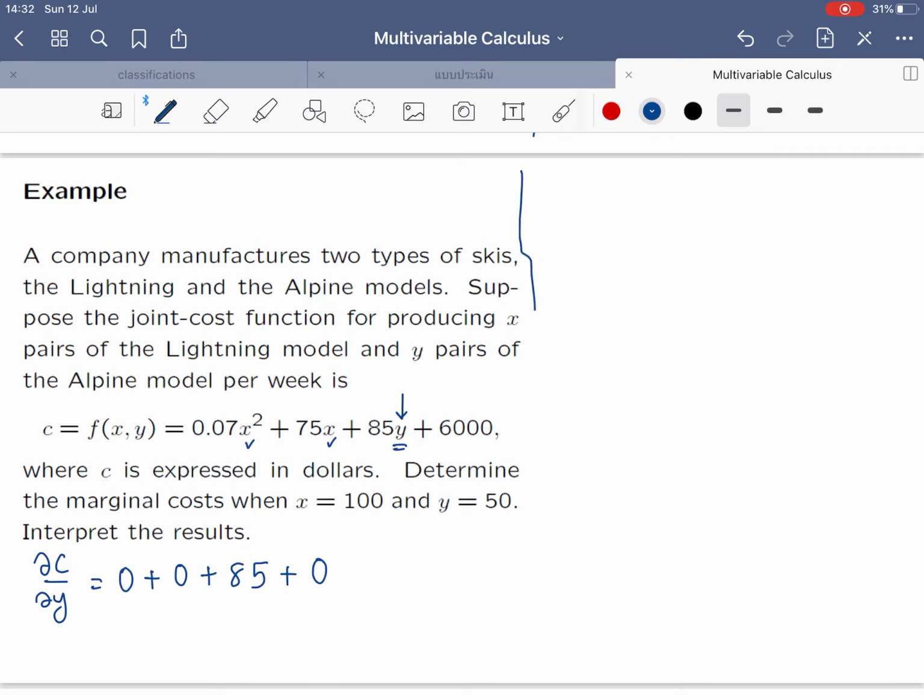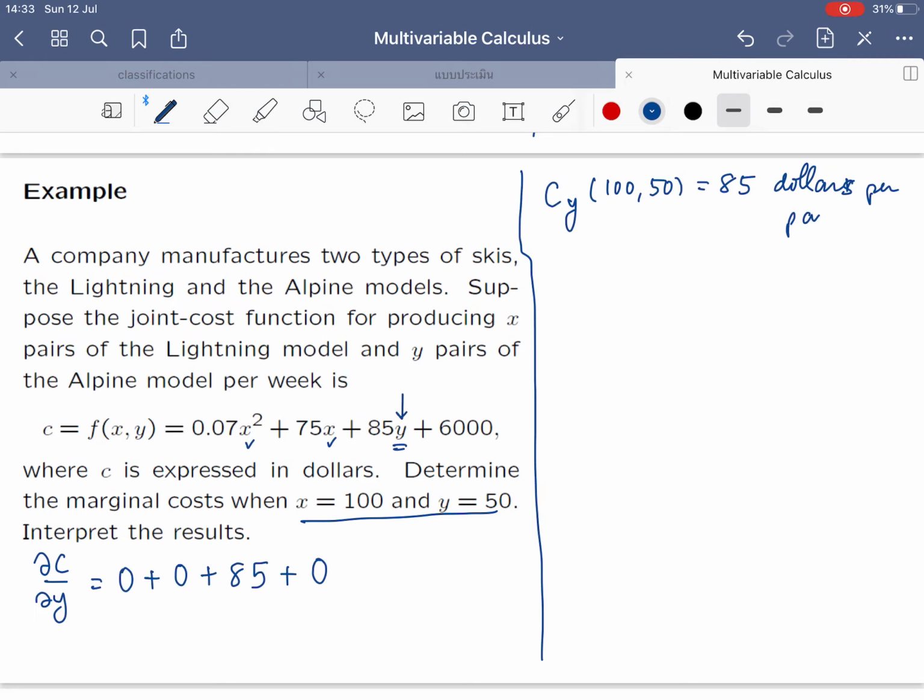So no matter how many pairs you produce, the derivative with respect to y at each and every level of production is also $85 per pair. So this one is your marginal cost with respect to y.